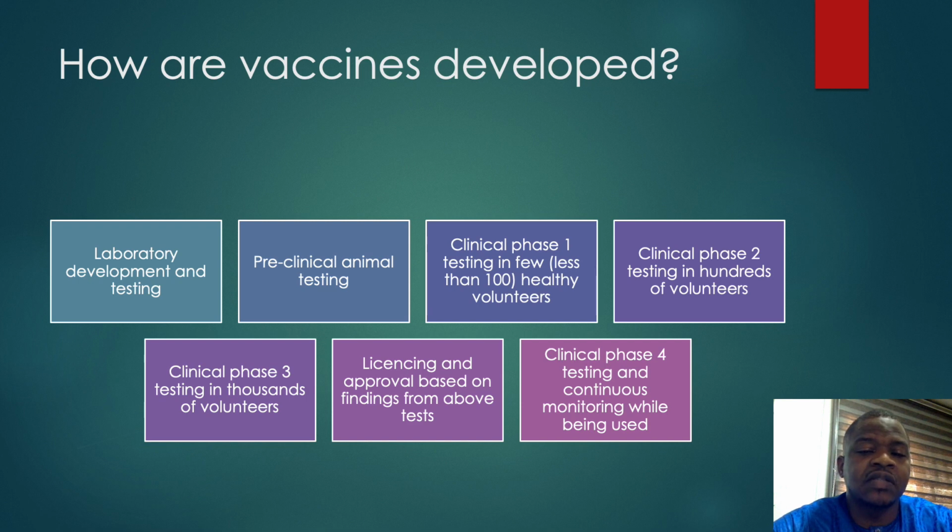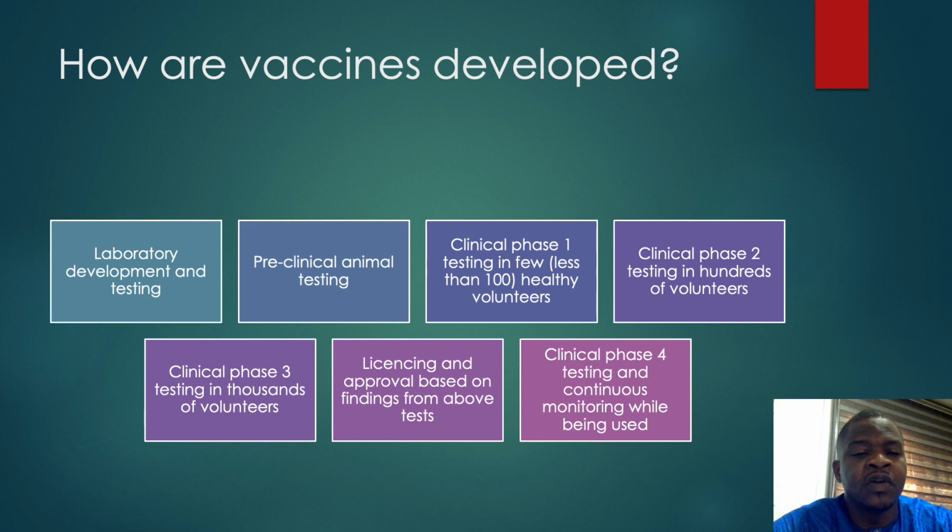It's only when you have gone through these clinical phases and you are confident about your findings that you send those findings for licensing and approval. It's only then approved by WHO, and it goes through a rigorous approval stage. Sometimes the Strategic Advisory Group of Experts on Immunization have to meet and debate. These are experts from all parts of the world who come together to advise WHO, and they declare that they have no conflict of interest.